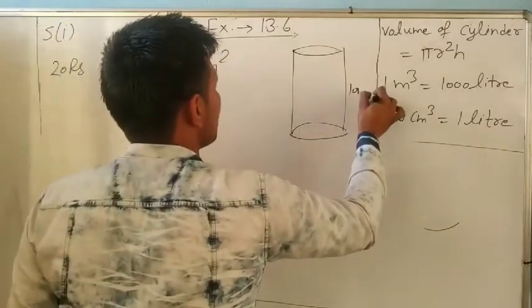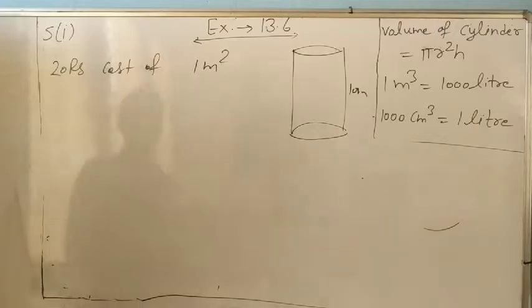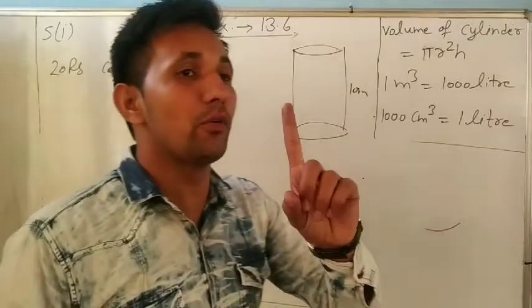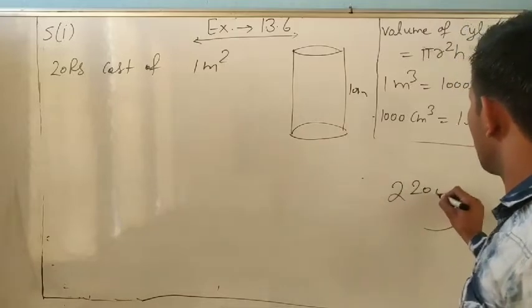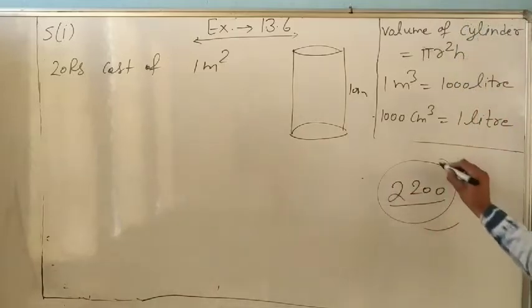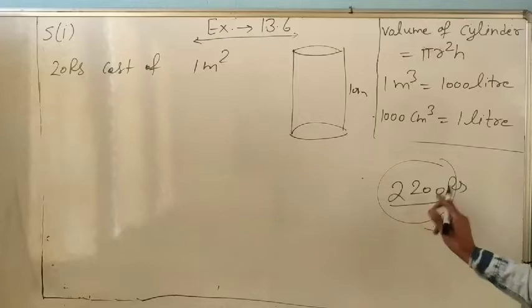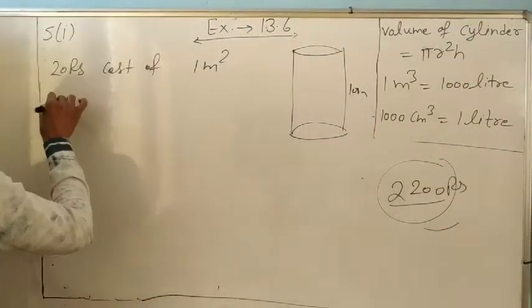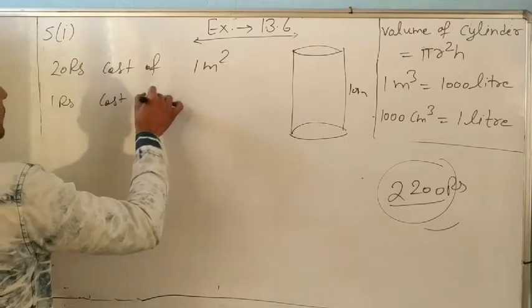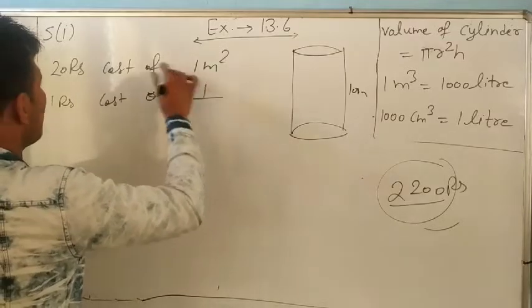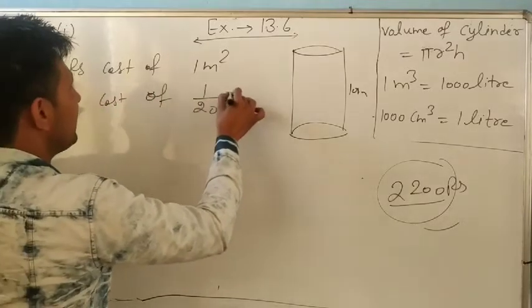But we have to find how much meter square this cost is for. To write 1 rupee cost of how much, 1 meter square divided by 20.